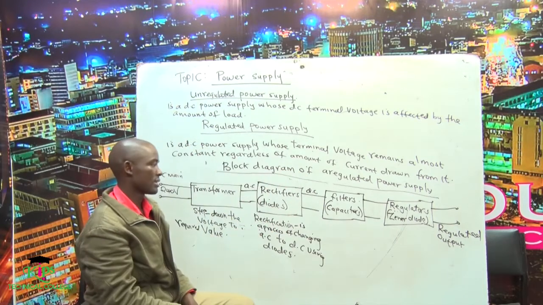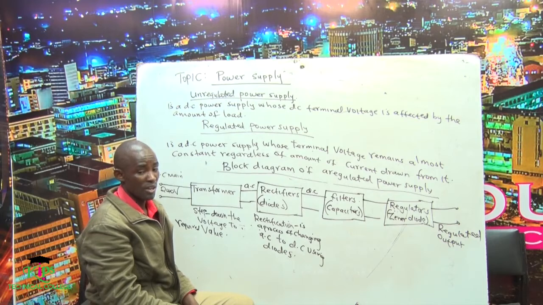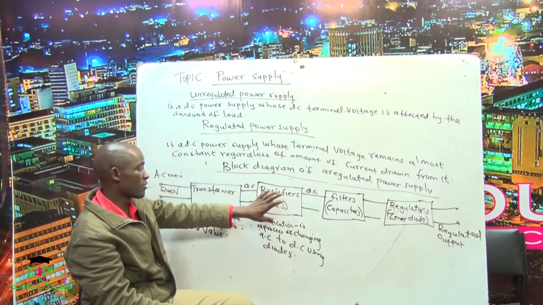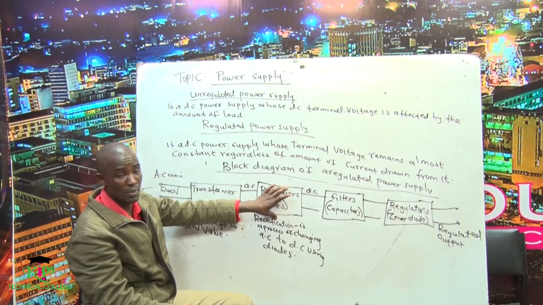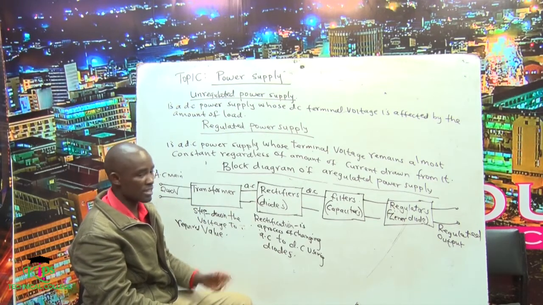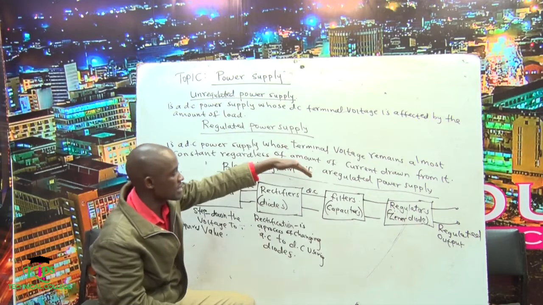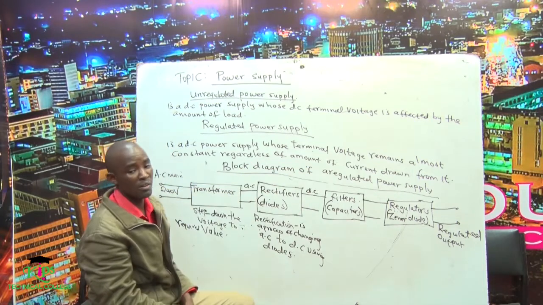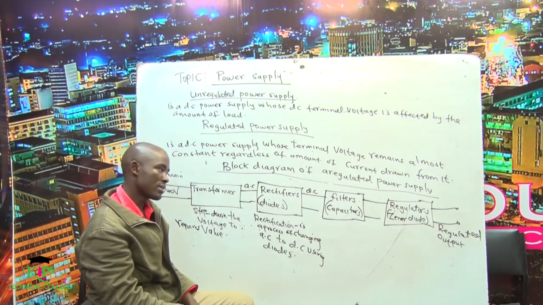But you need to be very careful. There is no machine that is 100% efficient, meaning even the conversion taking place here is not 100% efficient, meaning that some AC signals may end up reaching the other end without being converted to DC. I repeat this.